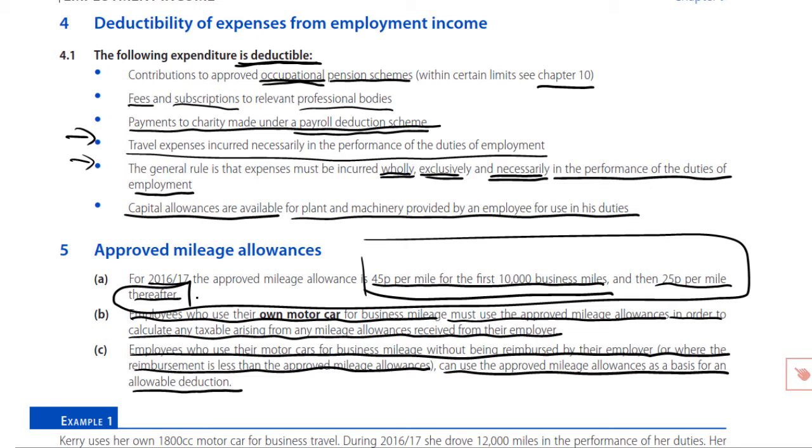So let's have just a little example to illustrate how this might work. So you might be told that during the tax year 16-17 the employee used their car for 14,000 business miles.